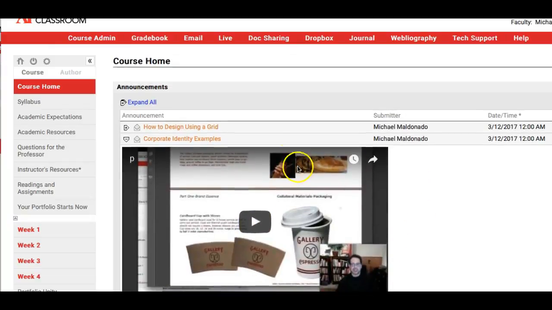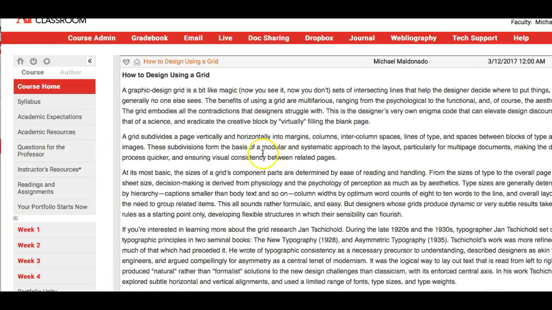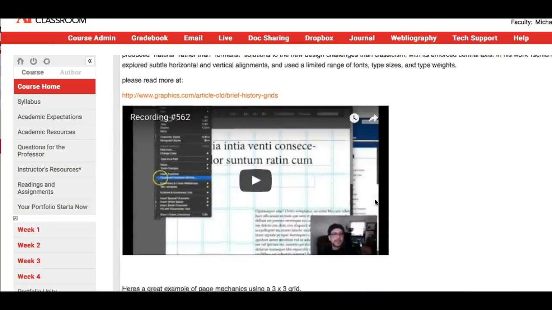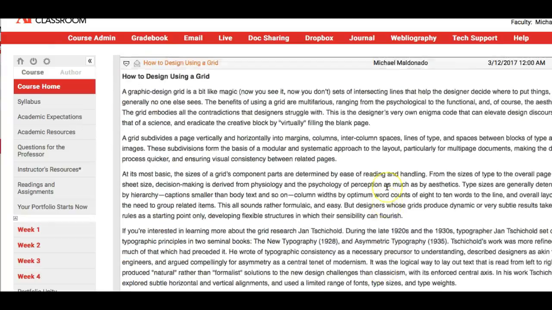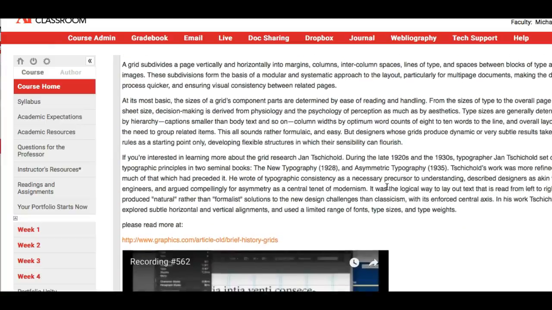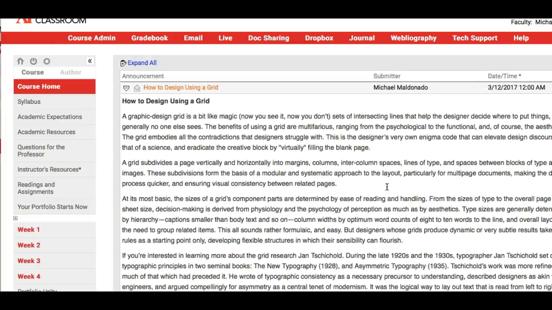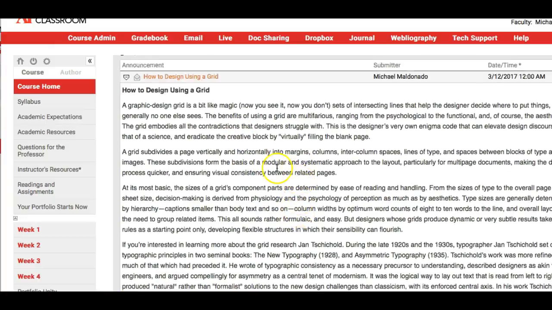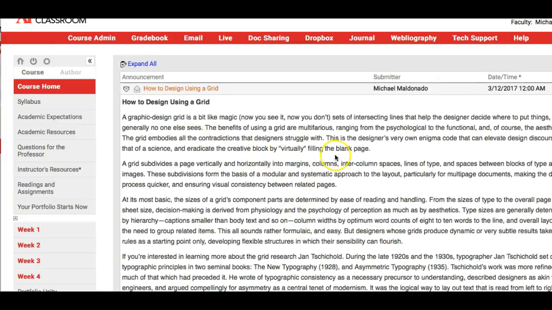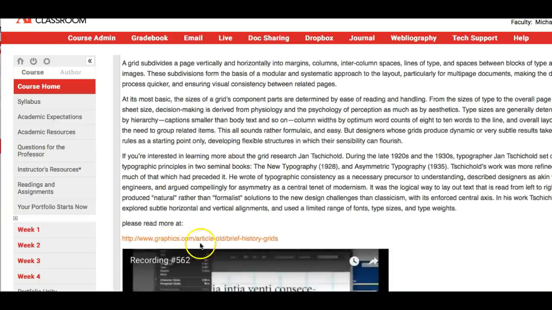Then finally for this week, I have this how to design using a grid. And the reason I've created this, I wrote this mini lecture for you guys to read. I'm sorry, I just said I wrote this lecture. I did not write this lecture. I included this lecture. I'm just looking at it now going, wait, that's not my own writing. Yeah, there's the link right there.